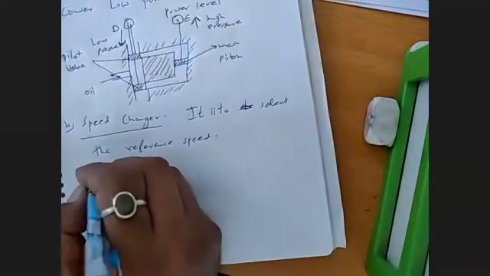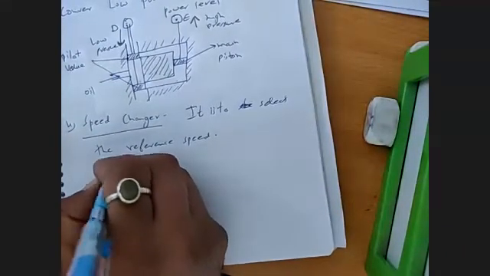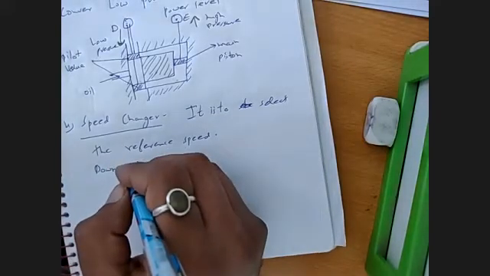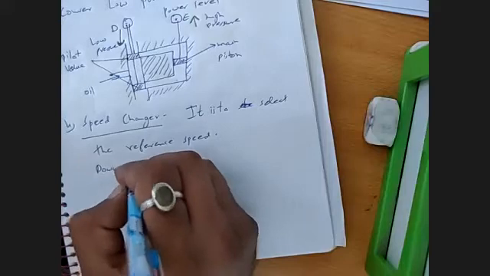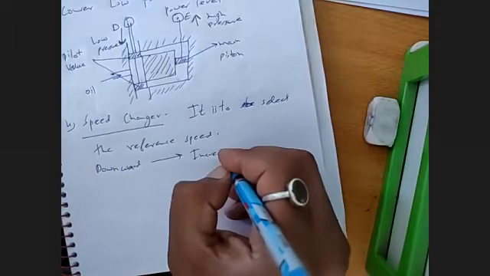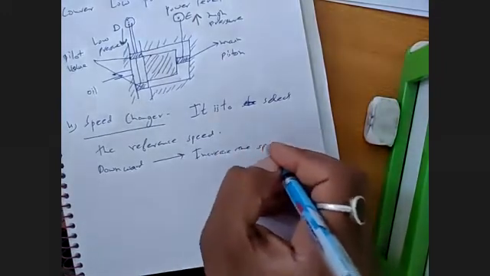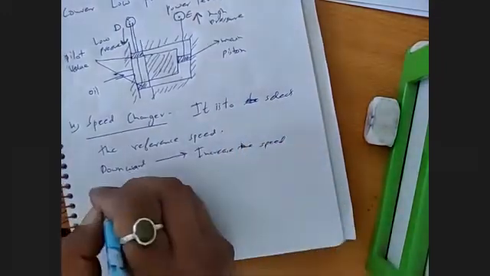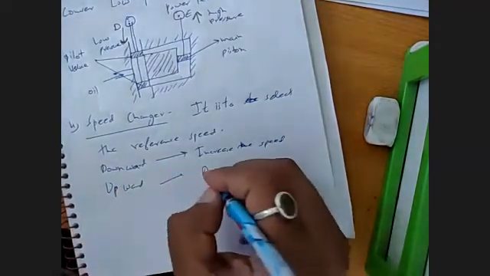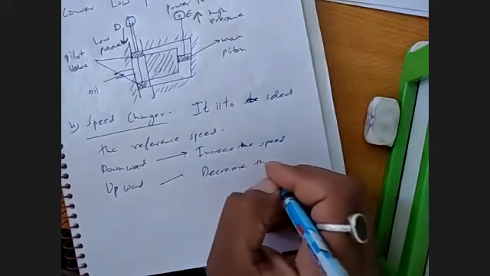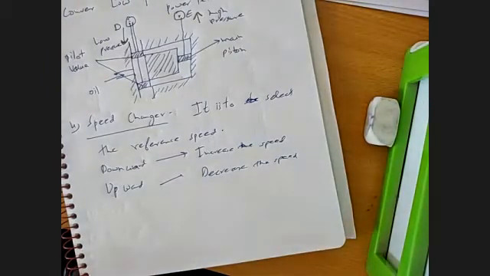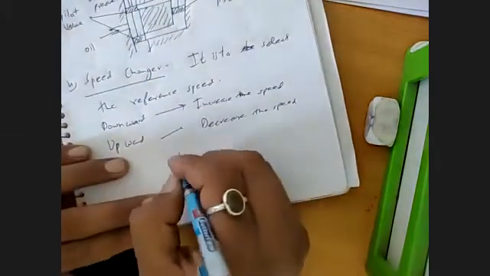This downwards movement will be to increase the speed, and upward movement is to decrease the speed.